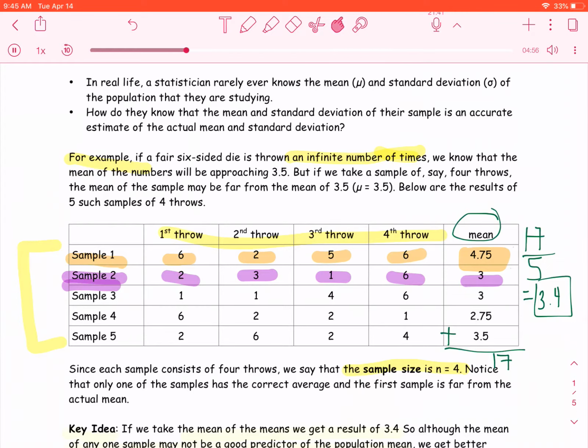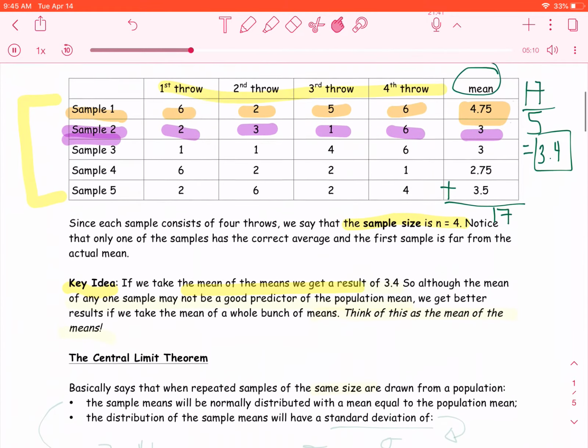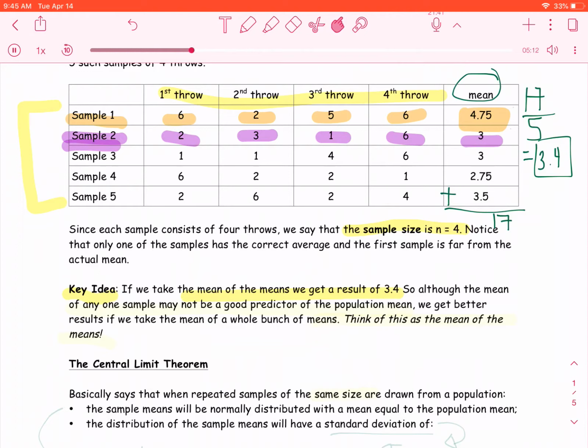It approaches 3.5, as we saw in that earlier statement. Even with a mean of means of 3.4, we are still approaching 3.5. Your key idea: if we take the mean of the means, we get a result of 3.4. Although the mean of any one sample may not be a good predictor of the population mean, we get better results if we take all of the means and find the average of them.